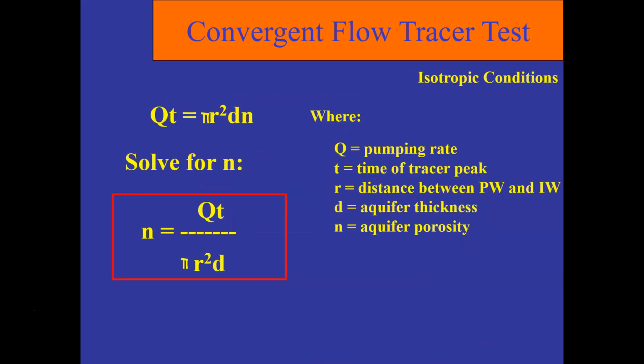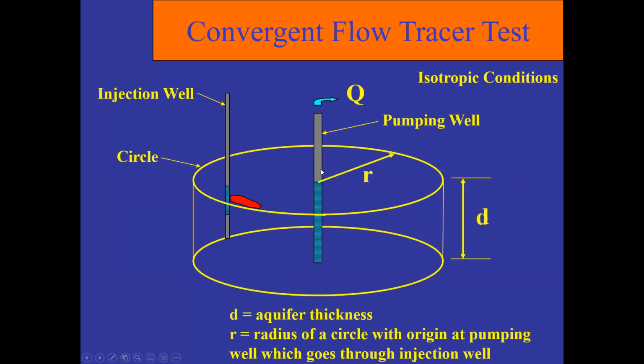So basically, just think of it as if you have an equation: the pumping rate times the time is the volume of water that you've pumped. And what you're basically saying is that all of this water within this cylinder of depth D and radius R, that volume multiplied by the porosity, would be all of the water within that cylinder.